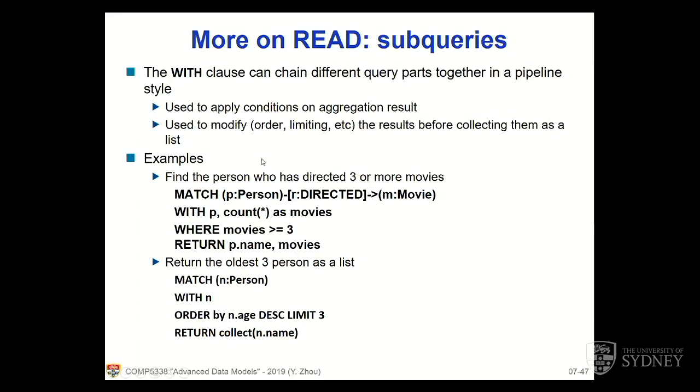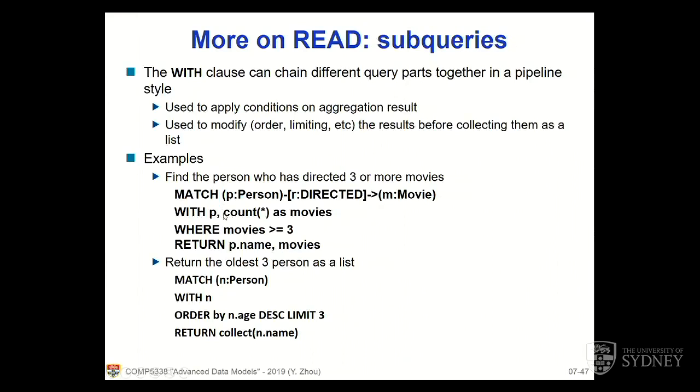So for instance, if we want to find the person who has directed 3 or more movies, first we need to find all the persons who have directed some movie, and then we need to count for each person. Now this is an aggregation, right?